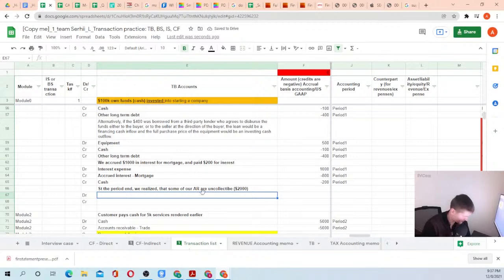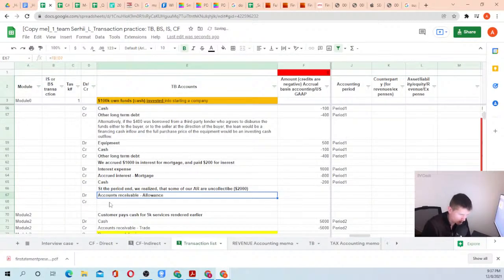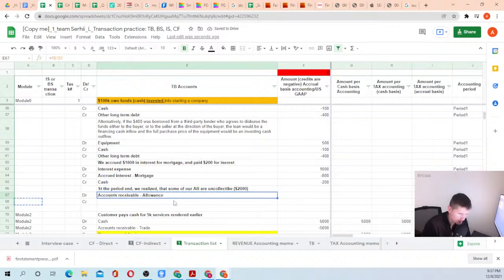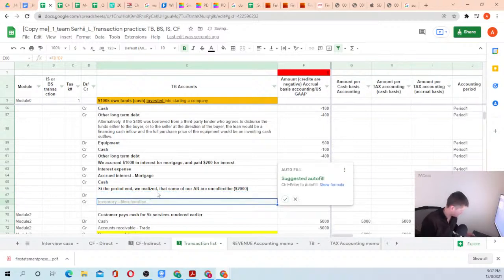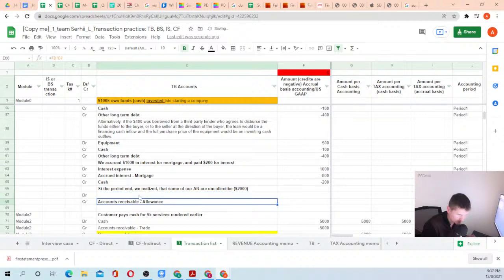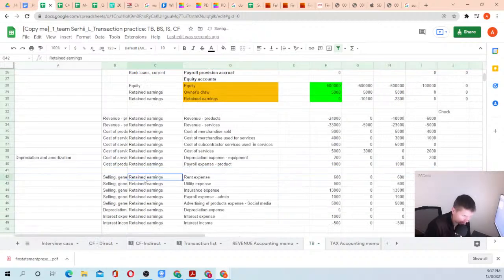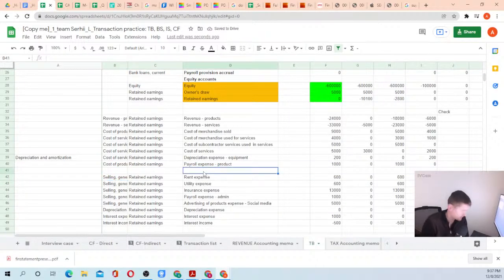Okay, so we will debit accounts receivable allowance, trial balance, and sorry, I am wrong here. We should credit accounts receivable allowance. We should debit, let's call it accounts receivable provision. We need to create a separate account, and I don't really know where to reflect it.